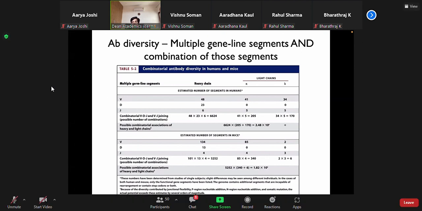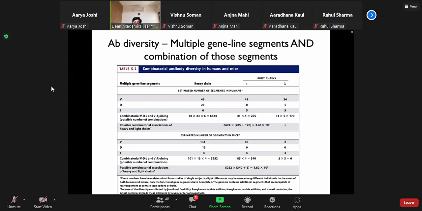Anjana? Can you explain why we are adding this number and this number? Sir, I get that either the light chain will be kappa or lambda, but I'm not able to comprehend why we are adding.